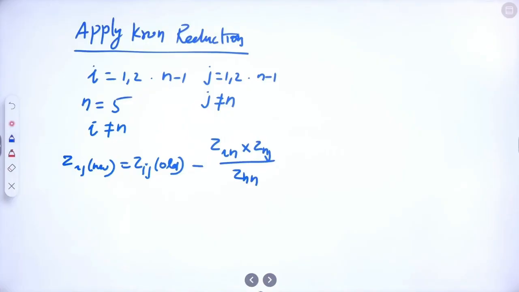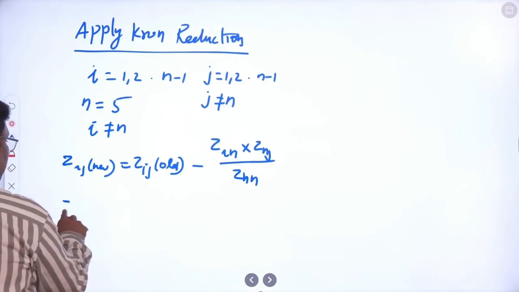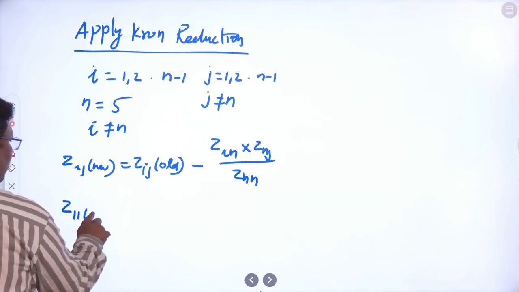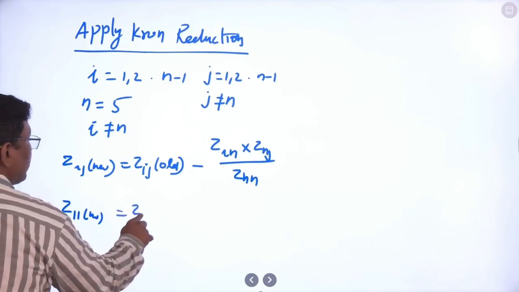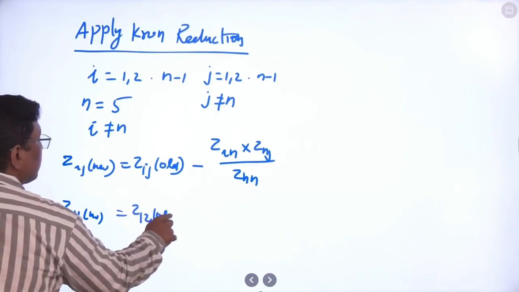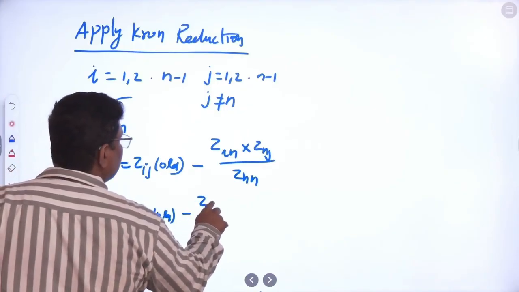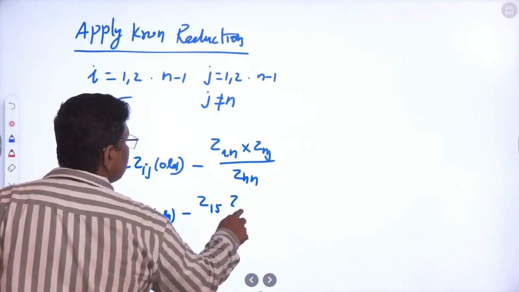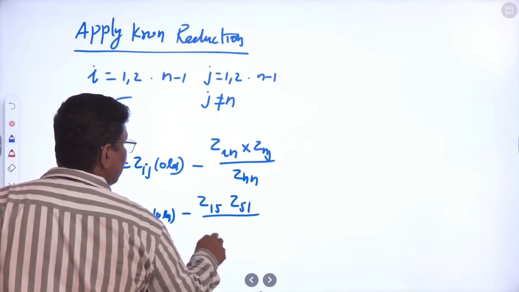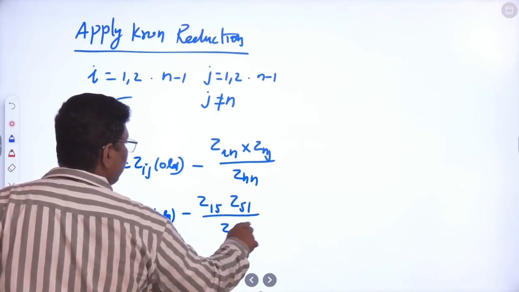So this is the Kron reduction rule. As per the rule, Z11 new equals Z11 old minus Z15 into Z51 divided by Z55.